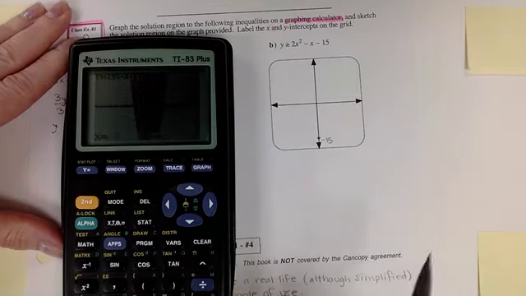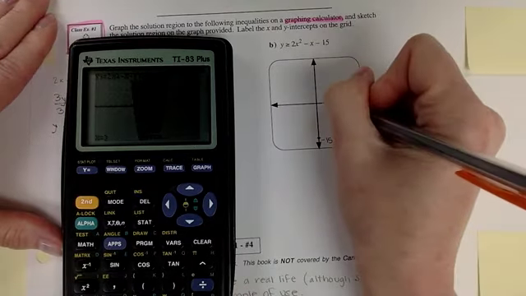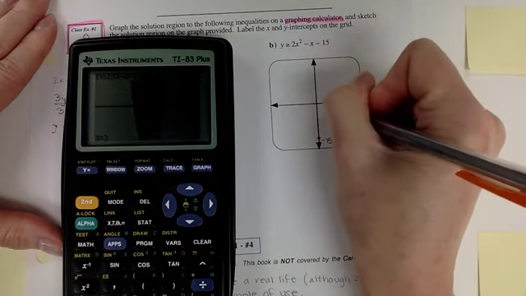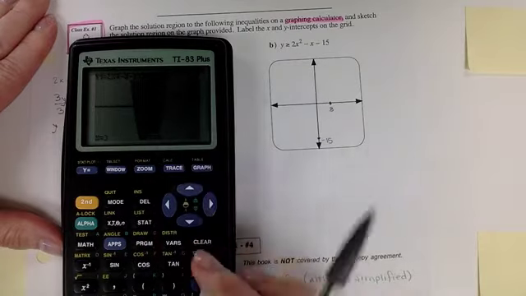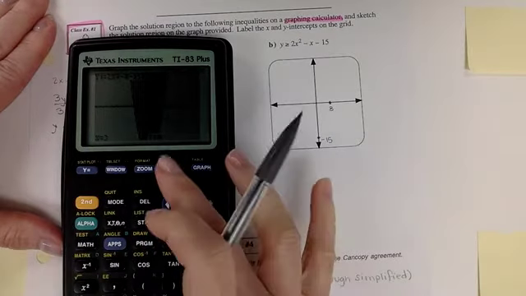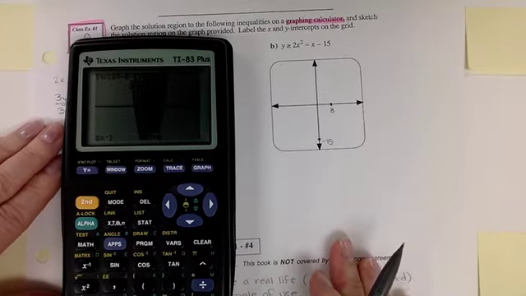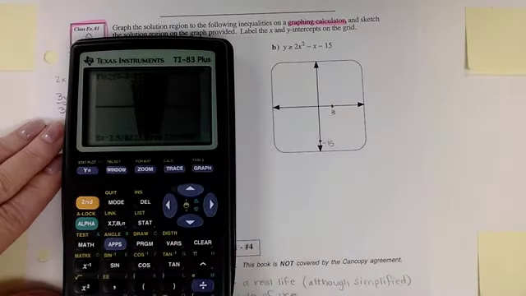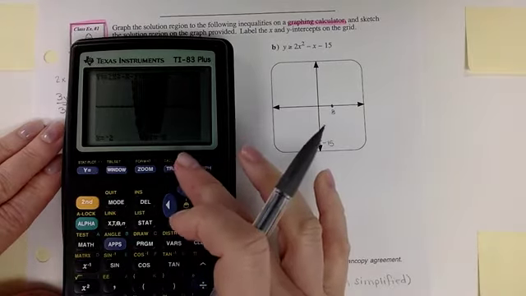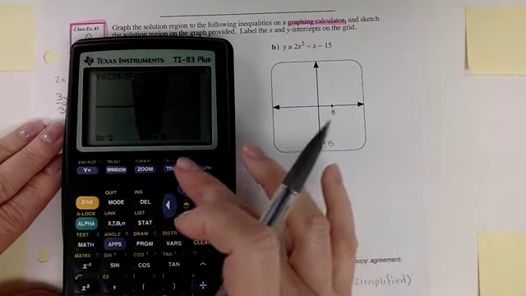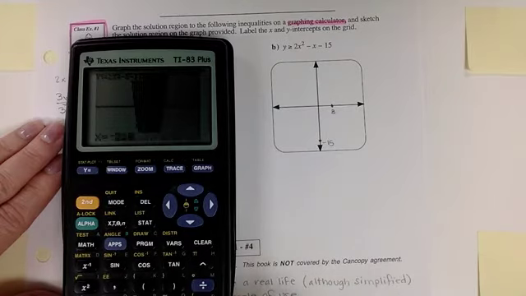Trace 3, 0, nice. And negative 3. And no, that's too high. How about trace negative 2? No, oh wait, that's too low. How about trace negative 2.5? There we go.